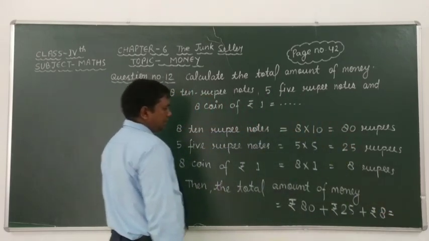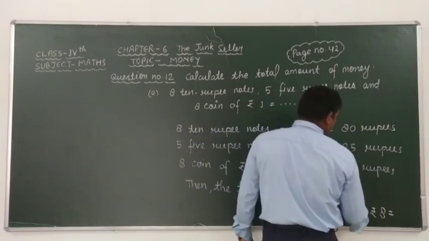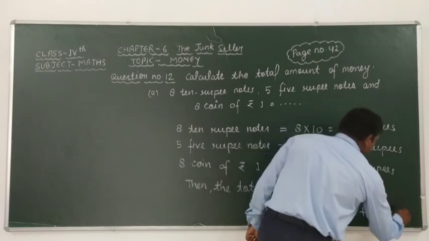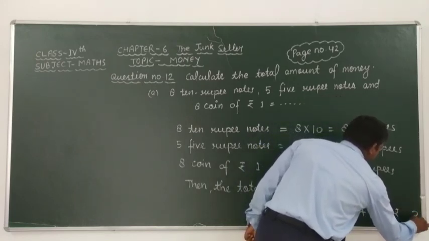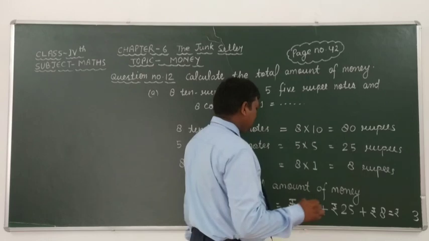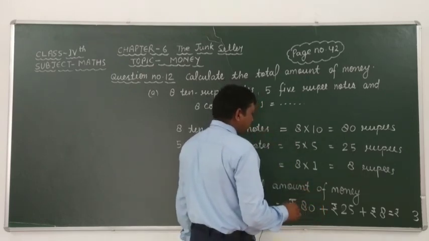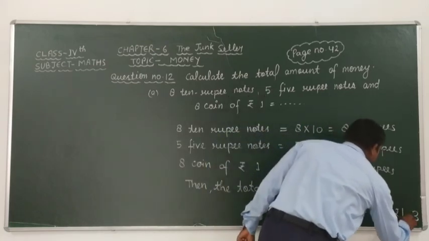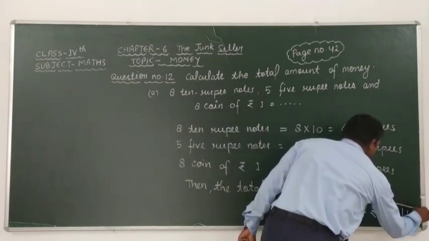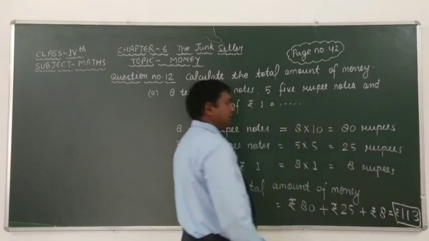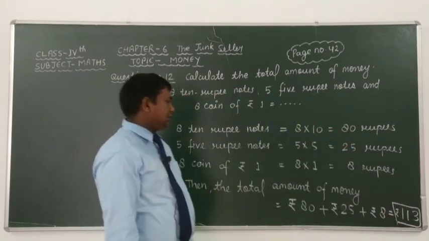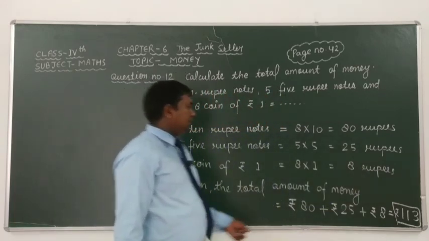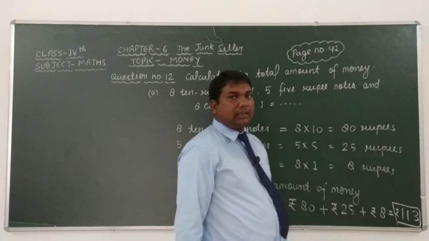If we add, 5 plus 8 is 13, 3 and carry 1, please keep in mind here we get carry 1, 2 plus 8 is 10, 10 plus 1 is 11, then the total amount of money is 113. Understand dear sons, this is the answer of this question. It means that the total amount of money is rupees 113.